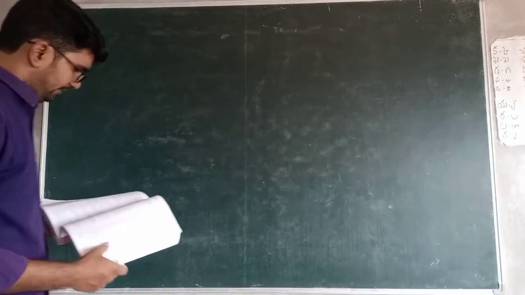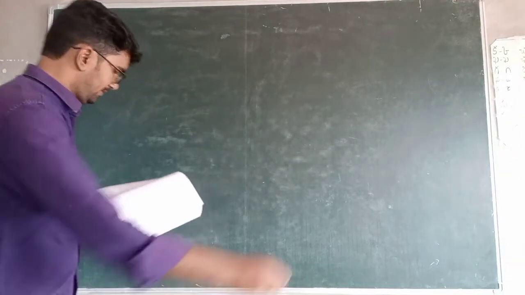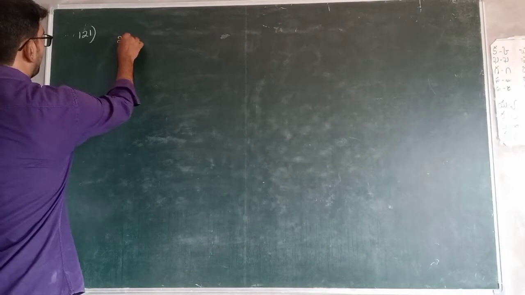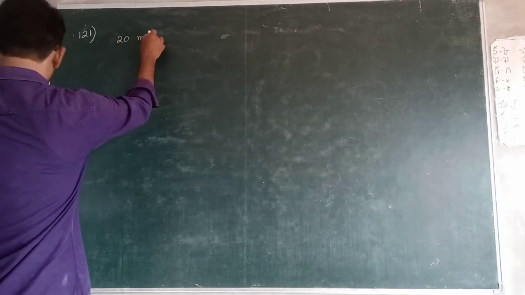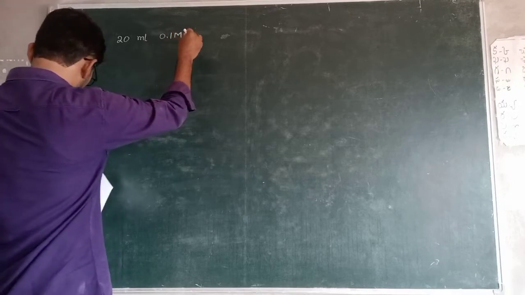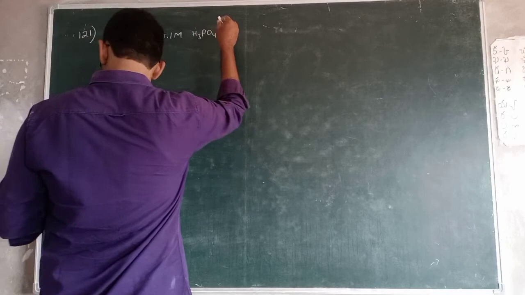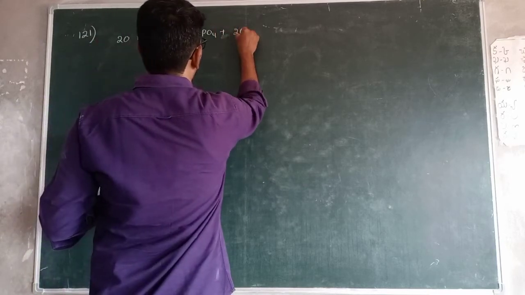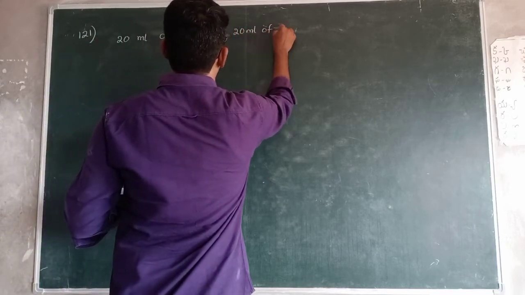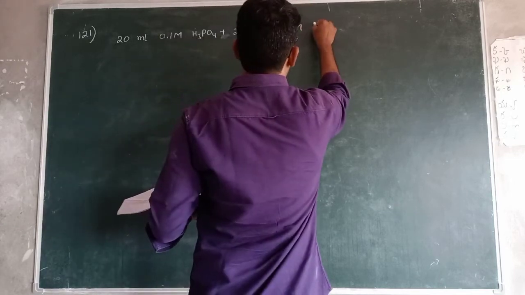Now 121. The pH of the resultant solution is calculated for this solution: 20 ml of 0.1 molarity H3PO4 plus 20 ml of 0.1 molarity Na3PO4.